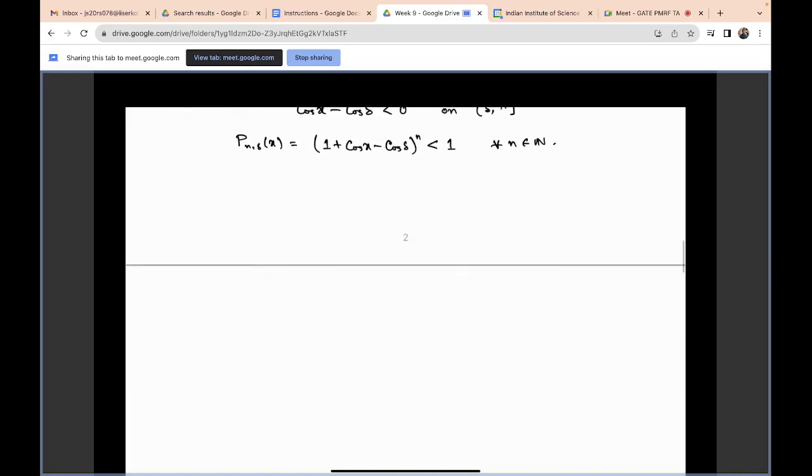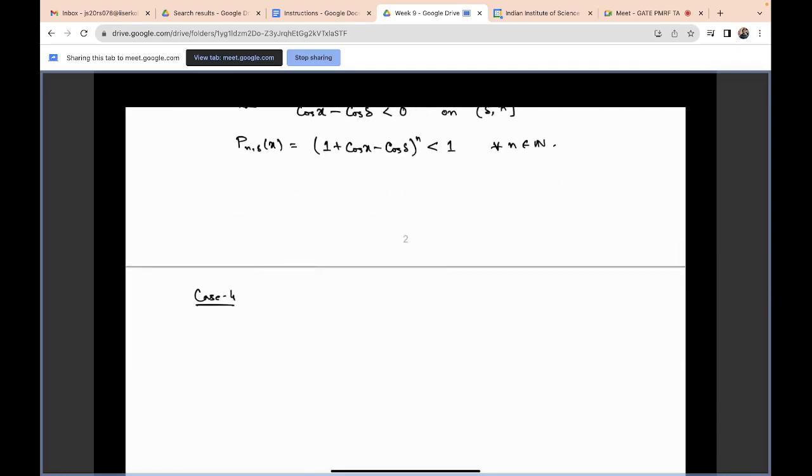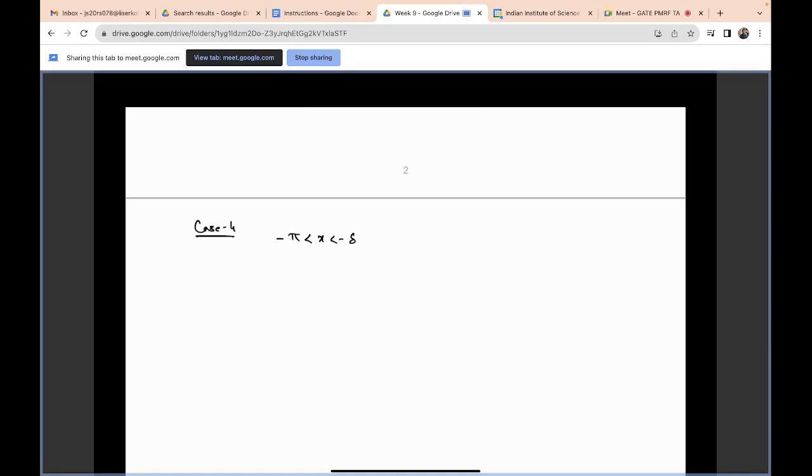What is case 4? Case 4 is when x is lying between minus pi and minus delta. Then also cos x minus cos delta is again in this range. Cos is decreasing, so at the point delta the value will be bigger.